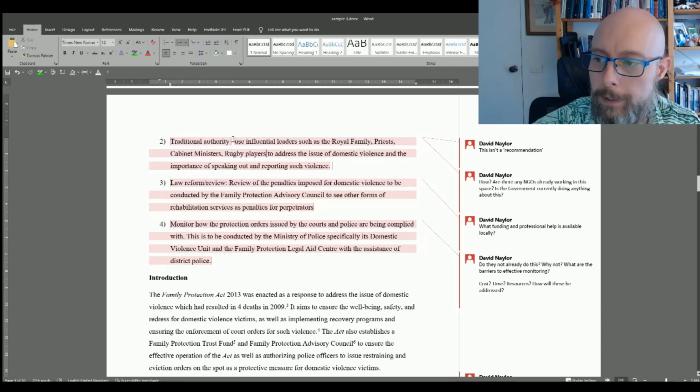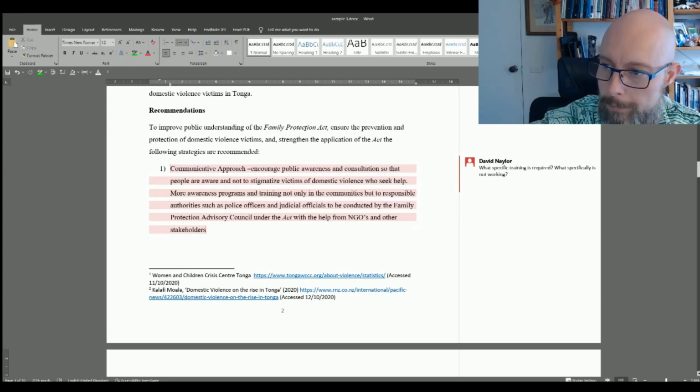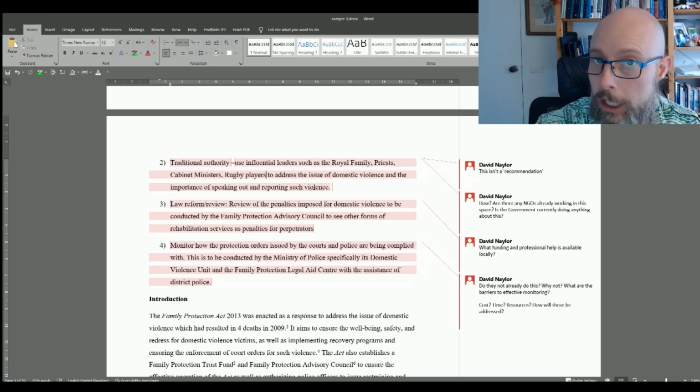Because what specifically? So the recommendation is to help improve understanding and to protect people and the act. This strategy is recommended. Use influential leaders to address it, and the importance of speaking out. Okay. But how? How do you use them? What's the strategy?